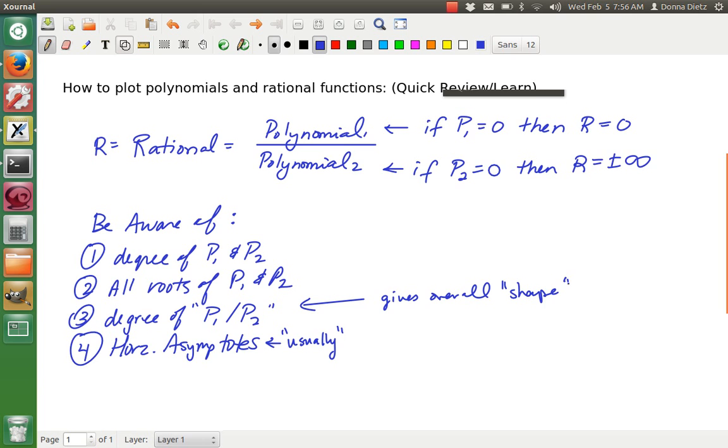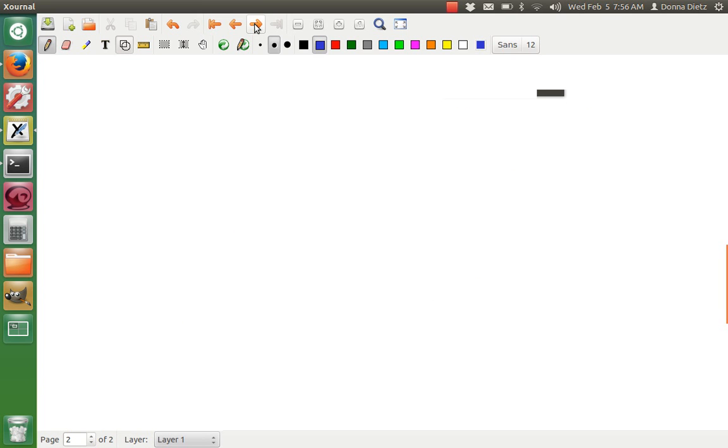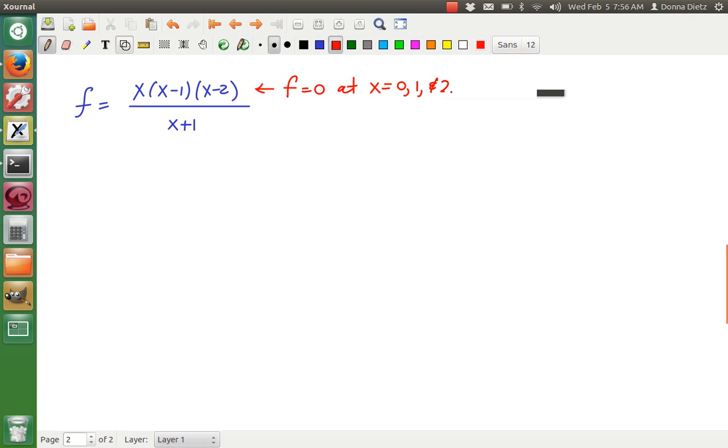And let me explain what I mean by that. If you have f equals x times (x minus 1) times (x minus 2), all over (x plus 1). This is telling you the original function f is equal to 0 at x equals 0, 1, and 2.